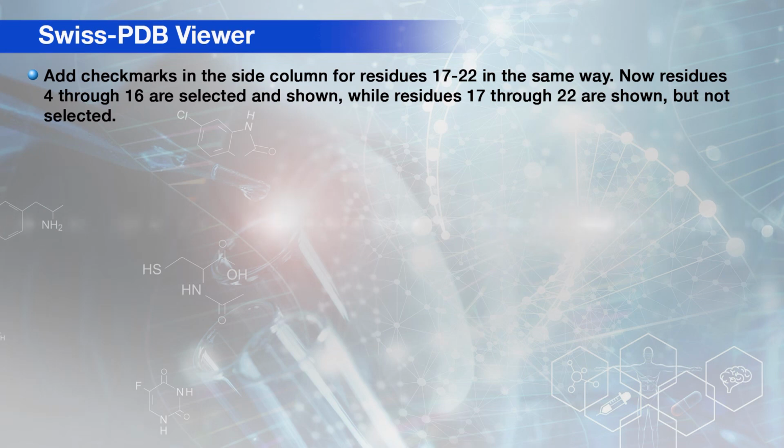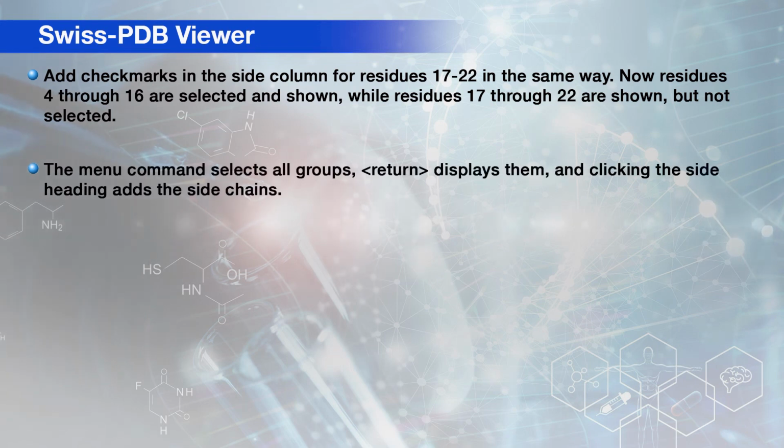Now residues 4 through 16 are selected and shown, while residues 17 through 22 are shown but not selected. The menu command selects all groups, Return displays them, and clicking the side heading adds the side chains.